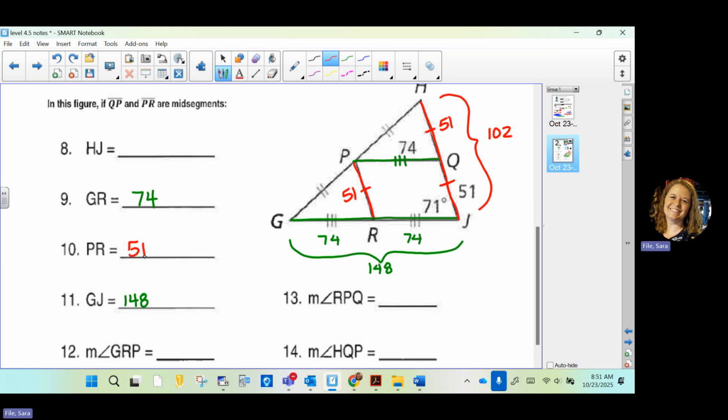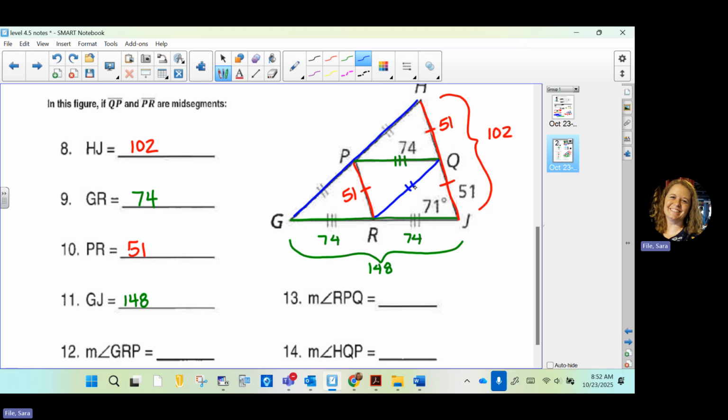And they did ask for HJ. So we got those. Okay, so they didn't ask us anything about GH. So if you want to add your third mid-segment R to Q, you can, and it would have 2 tick marks on it. You're welcome to add it. They didn't ask us anything about it though.